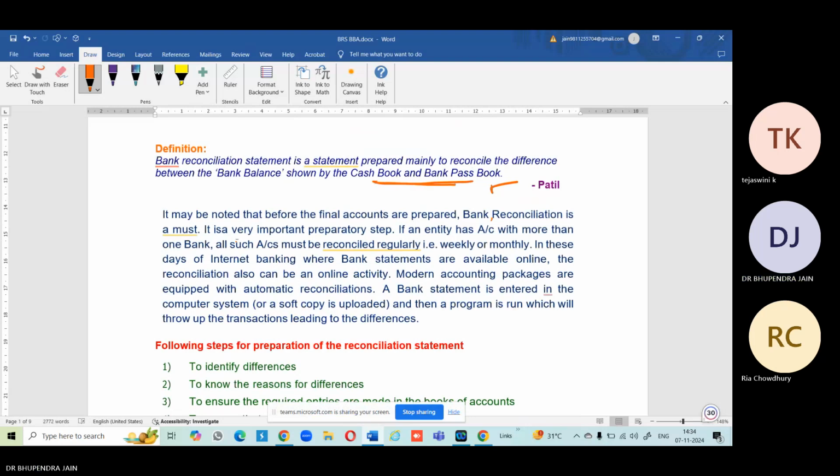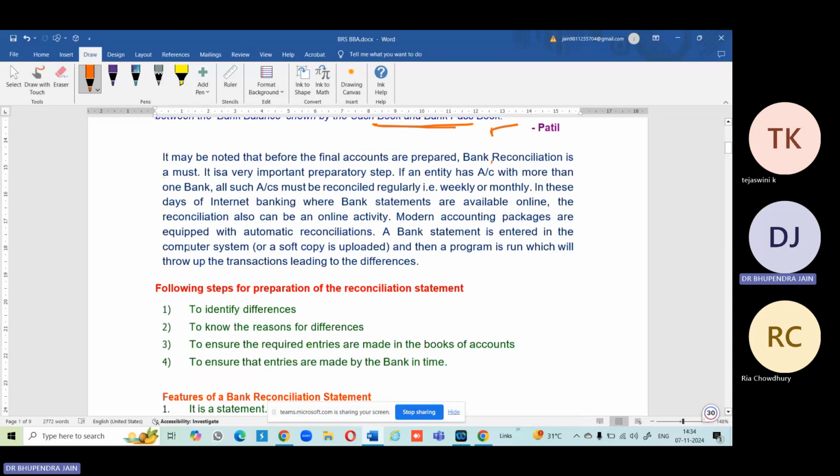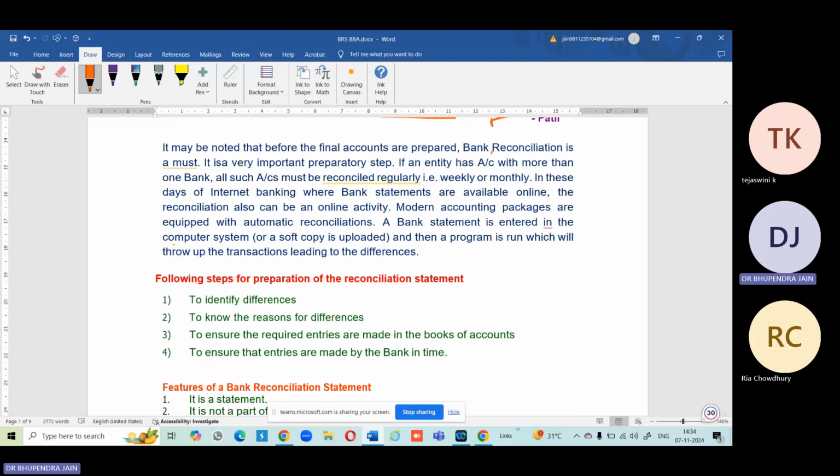Clear? Now it may be noted that before the final accounts are prepared, bank reconciliation is a must. Or we can say this is mandatory, this is compulsory to attach bank reconciliation along with the financial statement. It is a very important preparatory step.